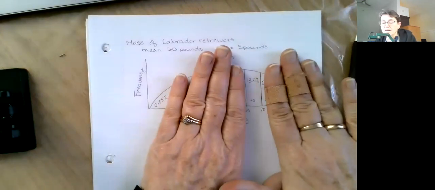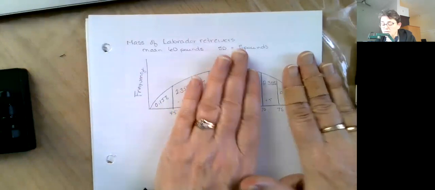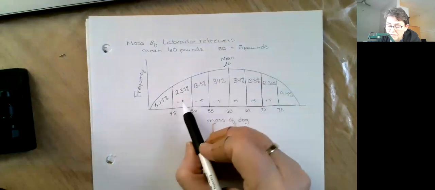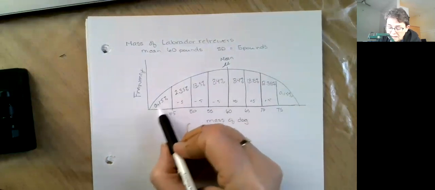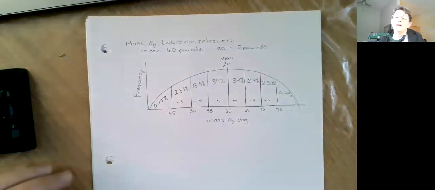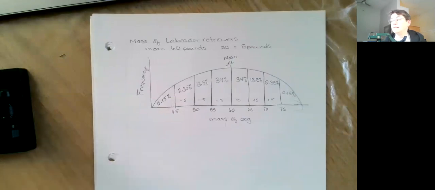If we go this way, we're going to have 13.5 dogs there, 2.5. So lots of dogs in the middle, very few that are going to be in this area, under 45 or over 75 pounds.